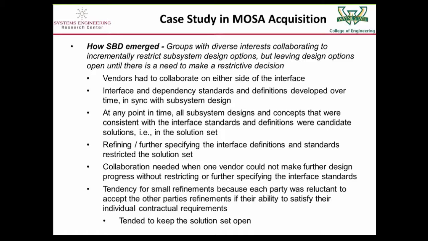That's when the decisions to further specify the interface had to be done, and by further specifying the interface, that restricted the solution set, the feasible solutions. So that became a point that drove the timing of when the decisions in Set-Based Design were made to restrict the solution set. It's because the design could not go forward without that.